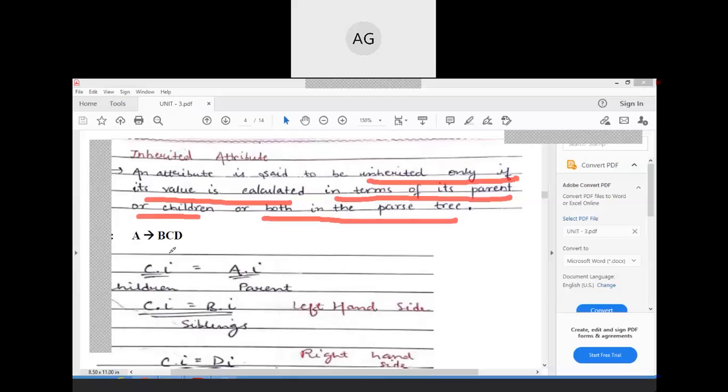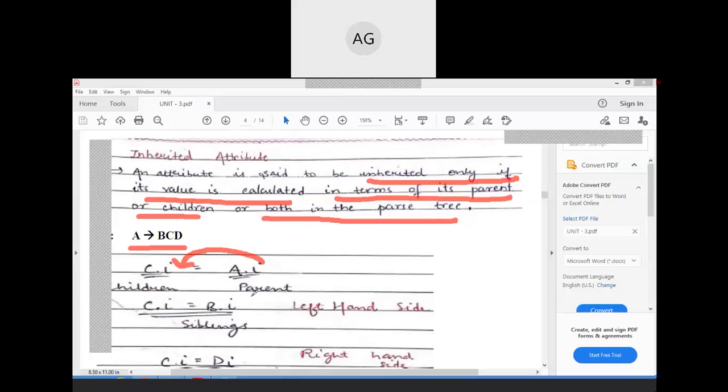As an example, the same production is used: A produces B, C, D. Here the parent is A, and its children are B, C, D. But we can also evaluate certain things. In the first case, if we evaluate C.i with the value of A.i, the value of the parent is going to decide the value of one of its children.